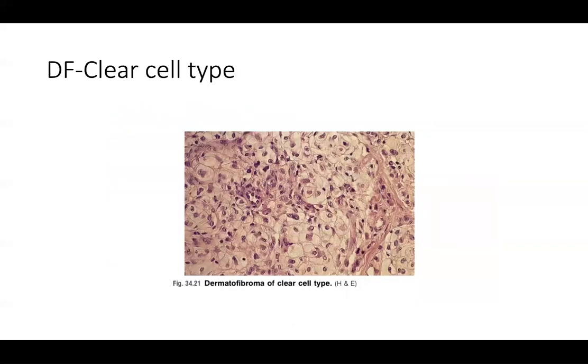And along those lines, this is that clear cell type. And so the cells can have very abundant clear cytoplasm. And again, depending on where this was on the body and the clinical scenario, you'd want to rule out things like a clear cell melanoma or balloon cell melanoma. You'd want to think about renal cell carcinoma. You can think about other entities that can show clear cells. You can have adnexal tumors that are abundantly made of clear cells.